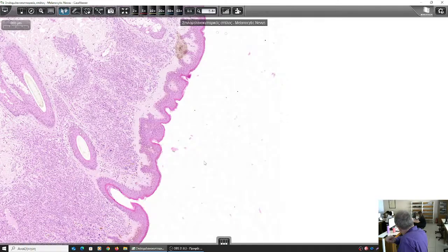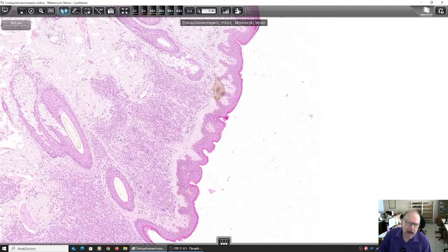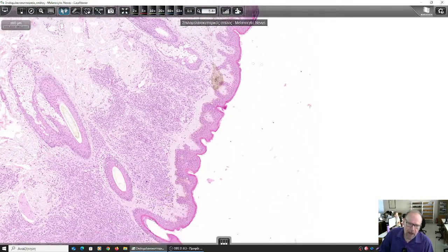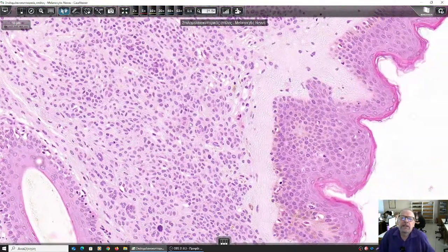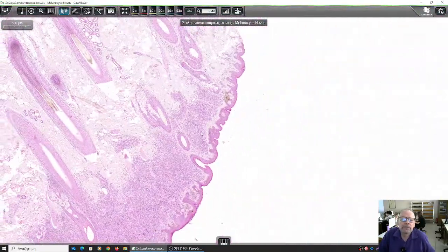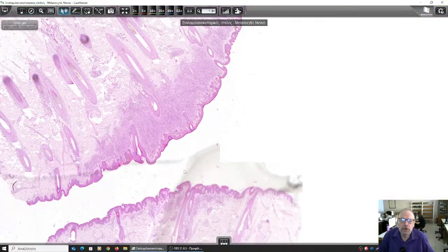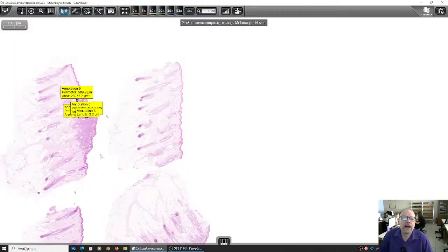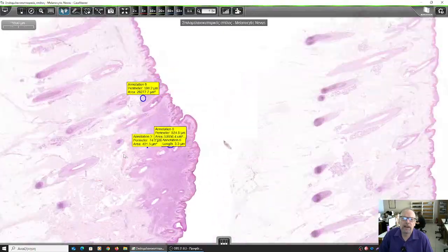Here we have a case of intradermal nevus with evidence of maturation, and no mitosis either in its deeper part or, in the present case, in the superficial part. So this is a symmetrical, totally benign nevus, and I can see that it is well excised.